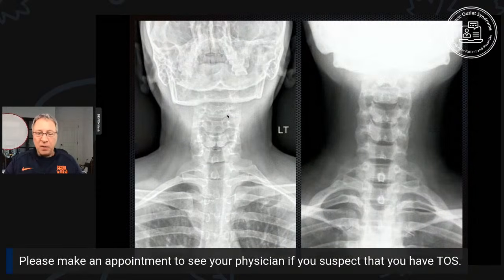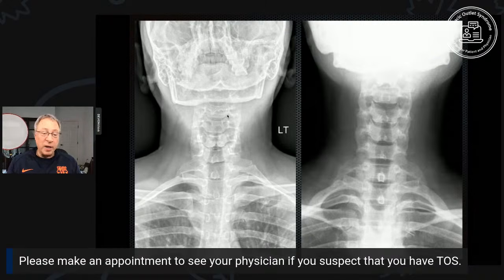So here's an example I often give when I do a conference. There's a patient on the left side of the screen. There's a patient on the right side of the screen. I want you to raise your hand if you think one of these patients has TOS. You can raise your left hand if you think the patient on the left has it. Raise your right hand if you think the patient on the right has it. Okay? Now let's say I tell you that the patient on the left has thoracic outlet syndrome.